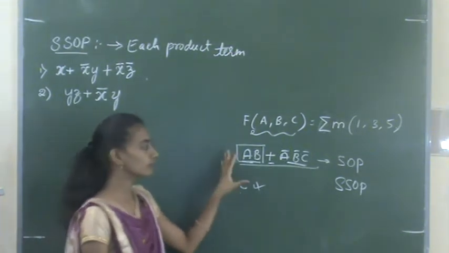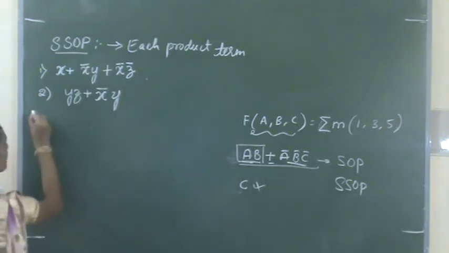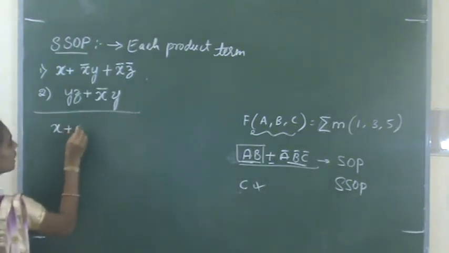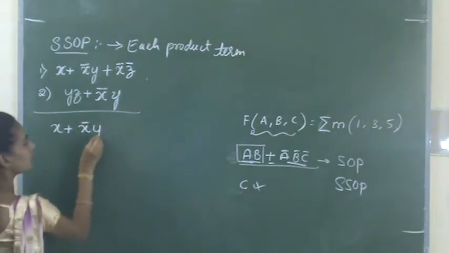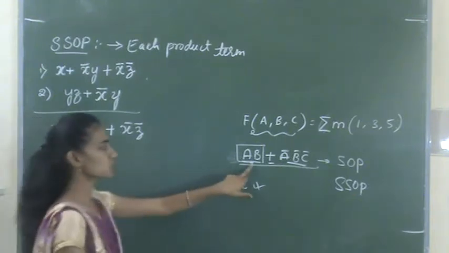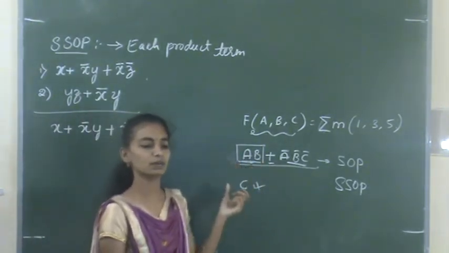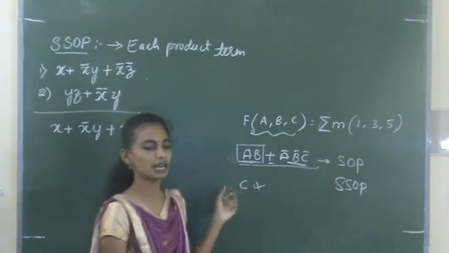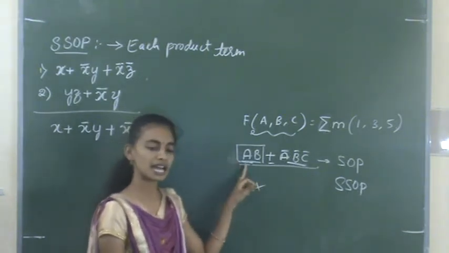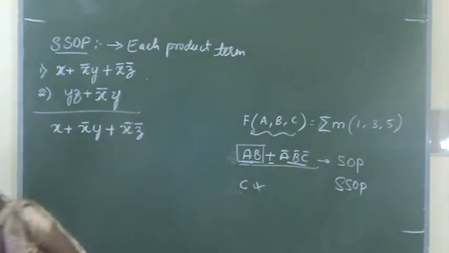So how do we convert this into standard SOP? Take the first example, x plus x bar y plus x bar z. In this expression, a variable may appear as a complement or simply as the variable, but either of them has to be present in each product term.